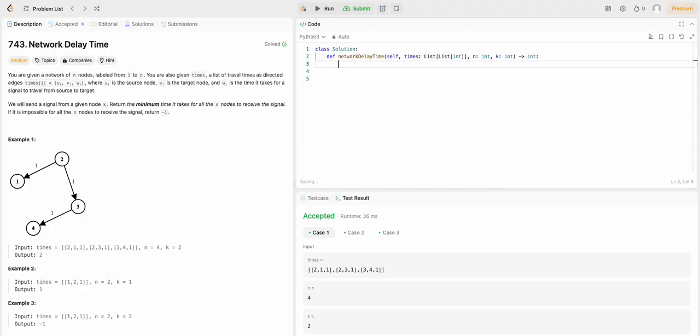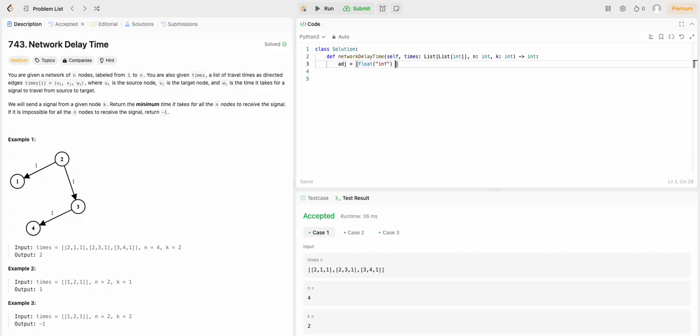So initially, I'm going to initialize the adjacency matrix. I'm going to use the adjacency matrix here, and I'm going to initialize it with a float value, float of infinity. I cannot write today for some reason.